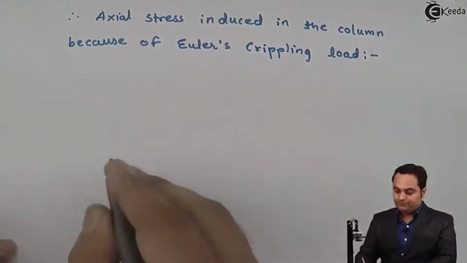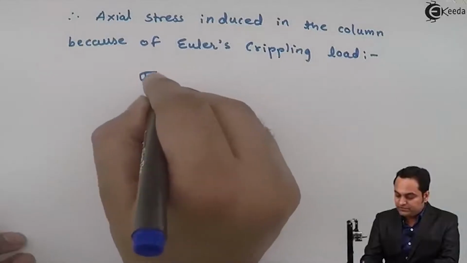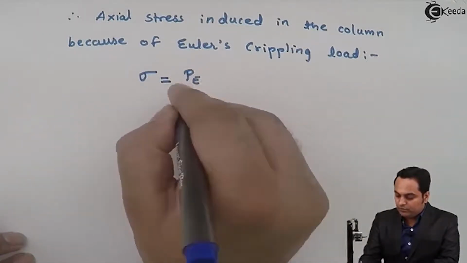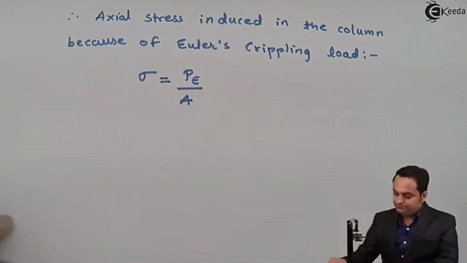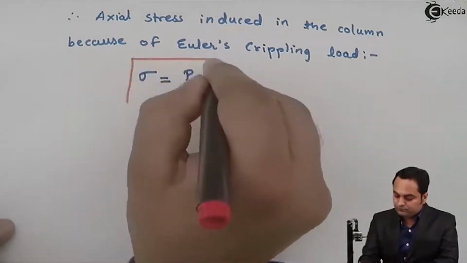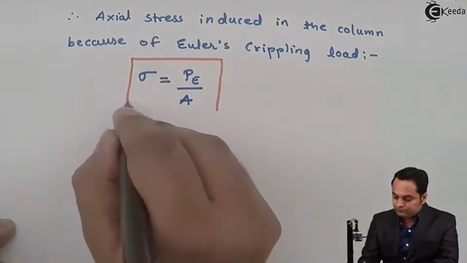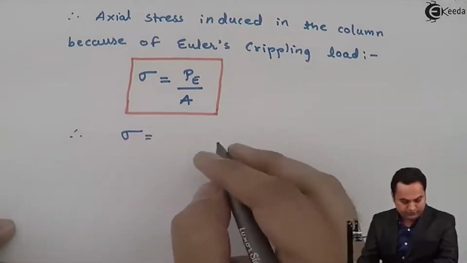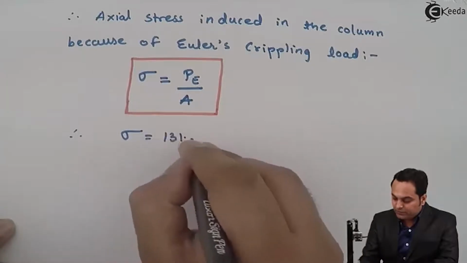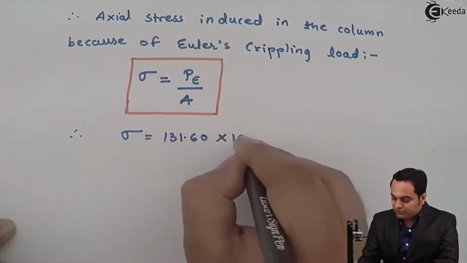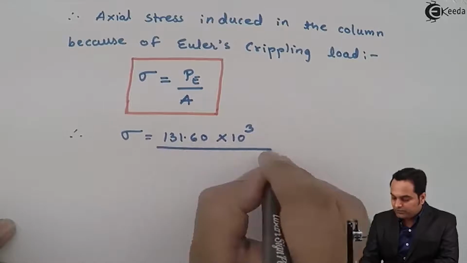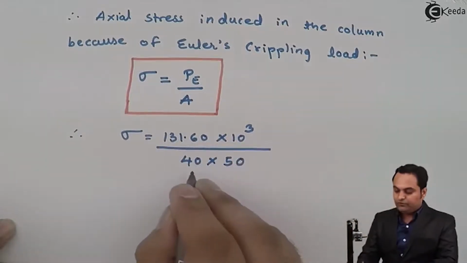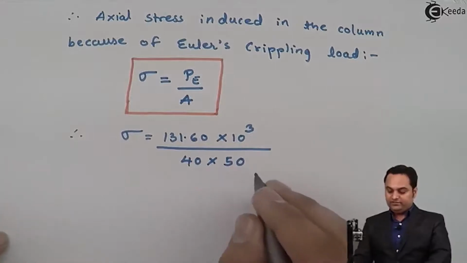that will be stress, I'll denote it as sigma, and it is equal to Euler's load upon the cross section area. Euler's load is 131.60 into 10 raised to 3 Newton, divided by the cross section area, which is 40 into 50, because 40 is the width and 50 is the depth.